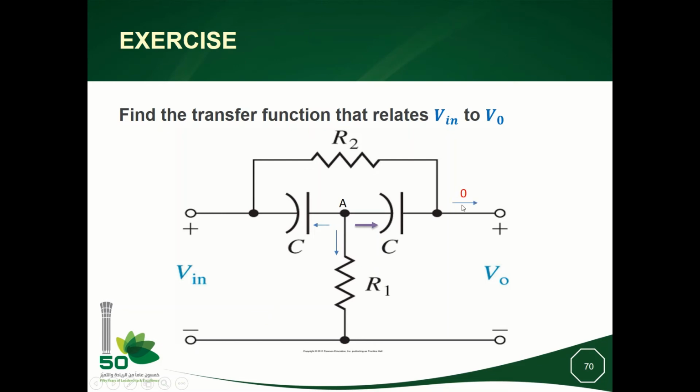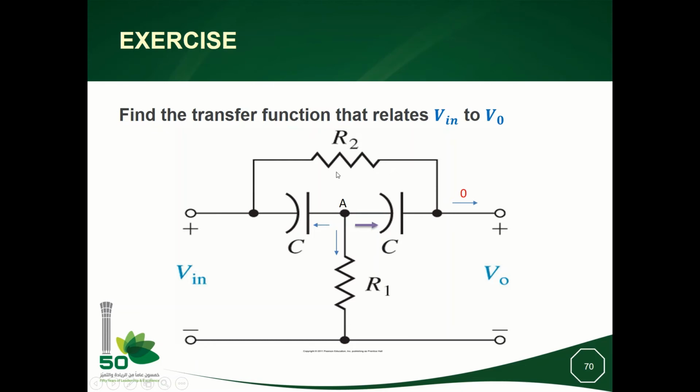Taking into account that the current flowing here is 0, the current flowing in R2 will be exactly this current multiplied by -1. It means it is the inverse current.